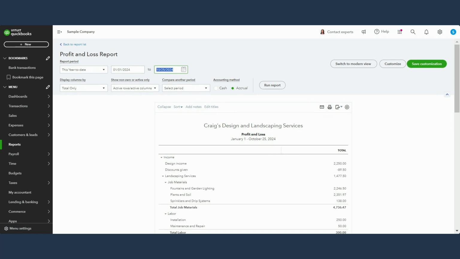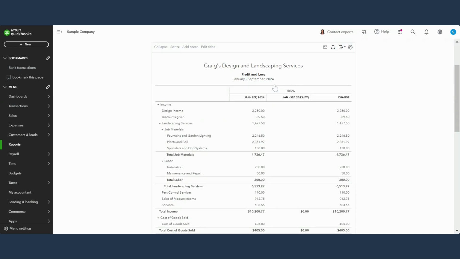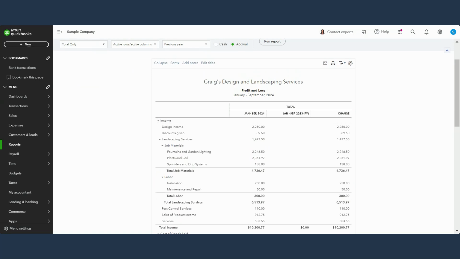So I would pull, for example, 1/1/24 to 9/30/24 in comparison to last year. So I can see January to September 2023, and I can compare January to September 2024 to last year.